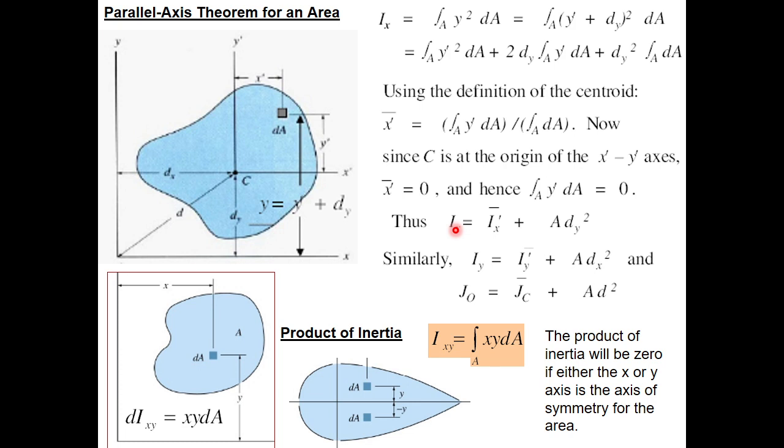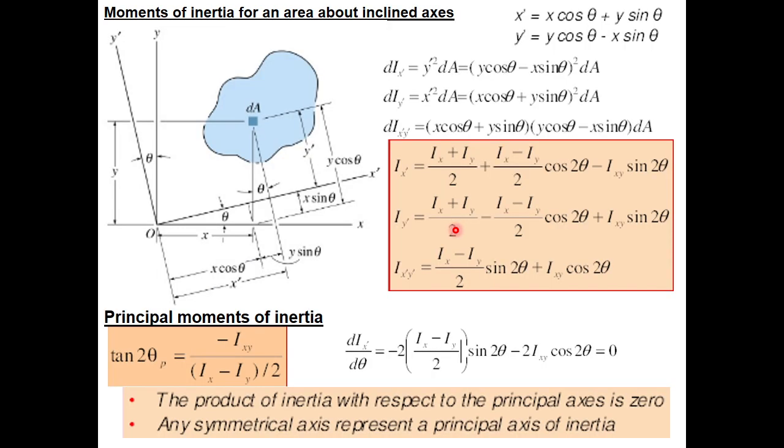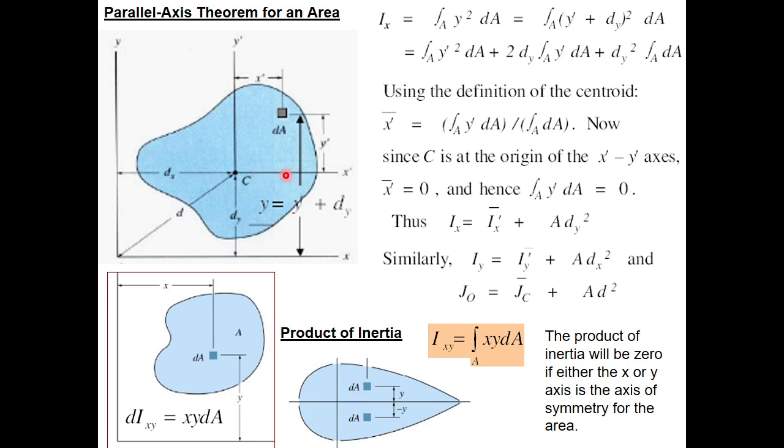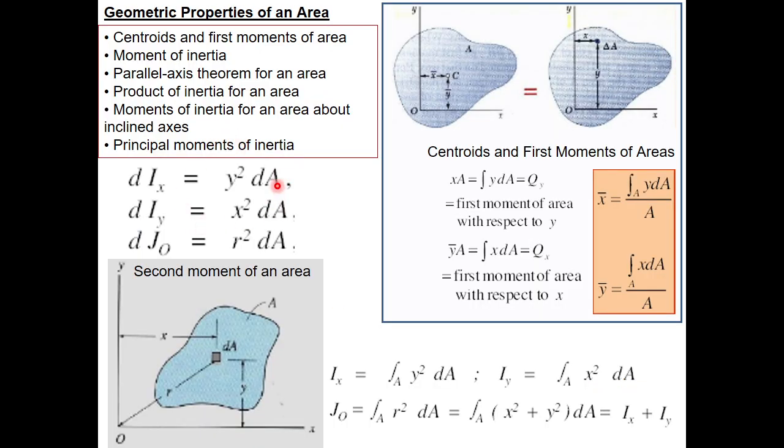And one important observation you must have noted there also, that there are some conservation properties for any area. There are two particular values of moment of inertia. This quantity would be maximum for a particular orientation of the coordinate axis.